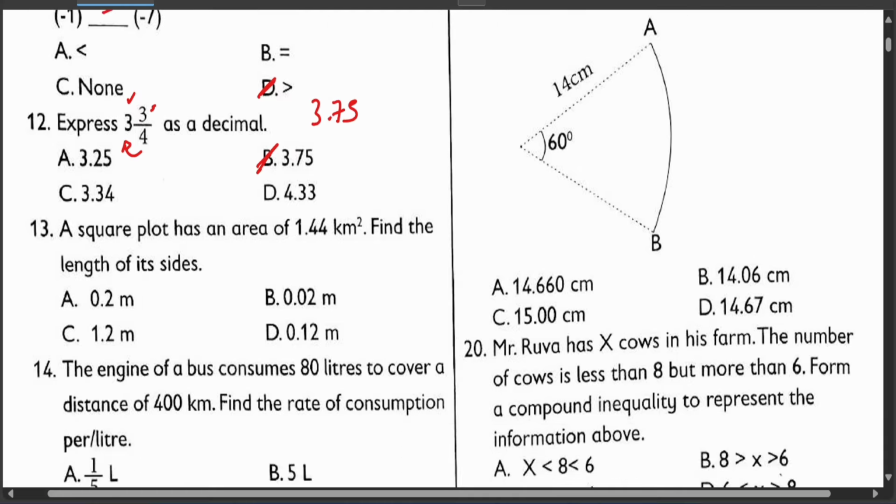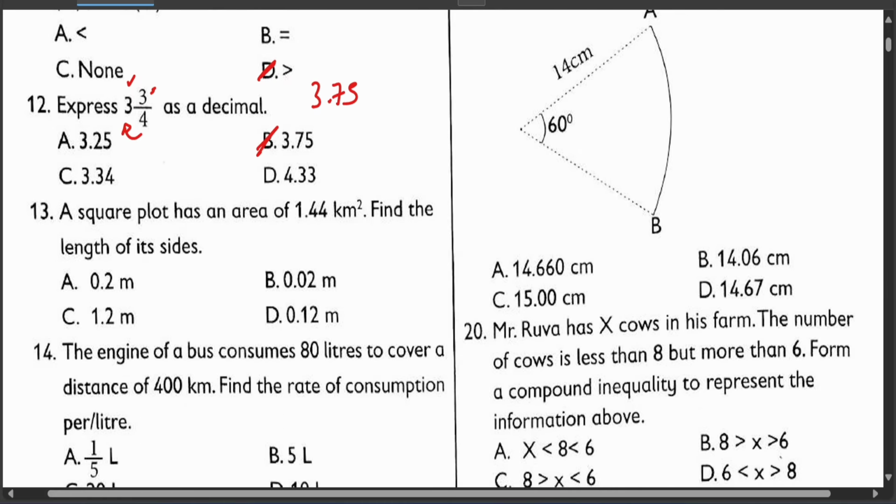Question 13. A square plot has an area of 1.44 kilometers square. Find the length of its sides. Since it is a square, area is given by side times side, so area is s squared.